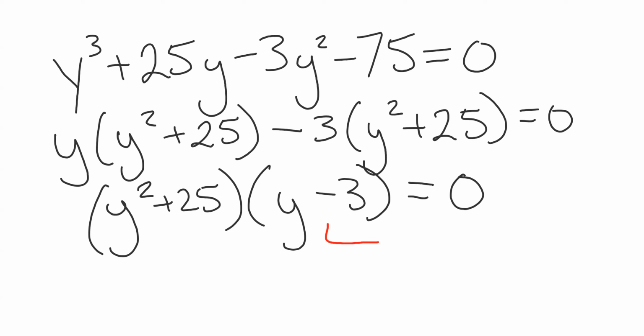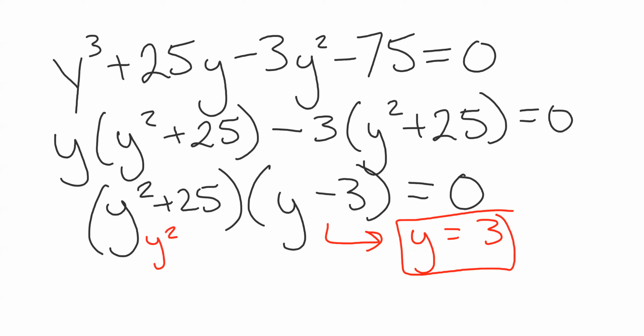If y minus 3 equals 0, that means that y equals 3. So that is one possible solution, that y equals 3. The other possible solution is that y squared plus 25 equals 0. This is going to take just a little bit more work. We'll subtract 25 from both sides so that we get y squared equals negative 25.